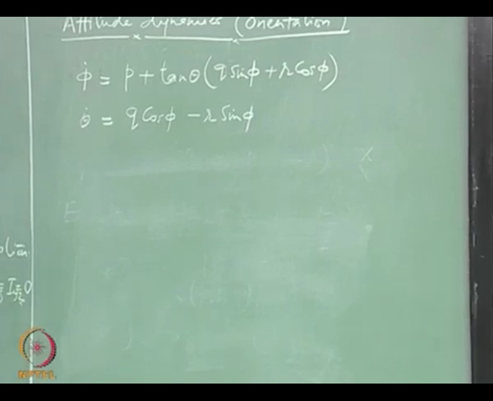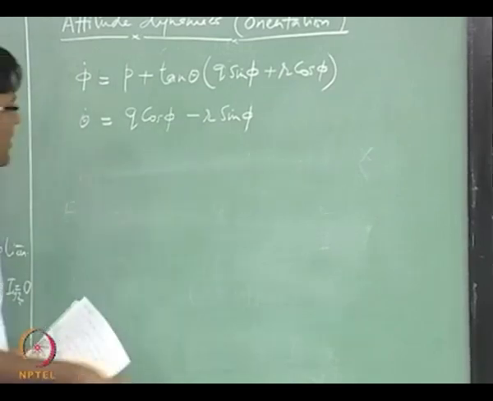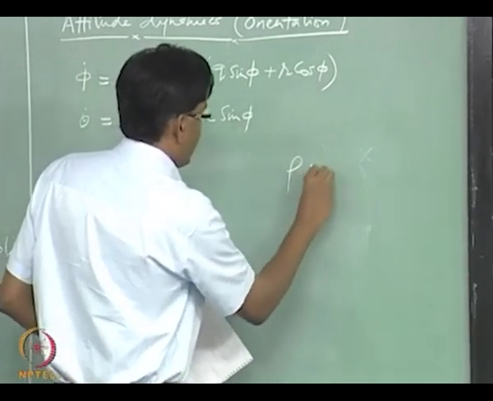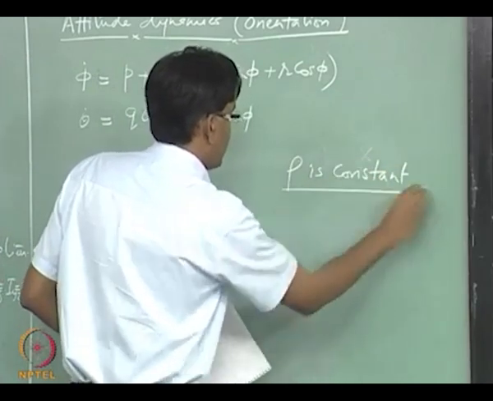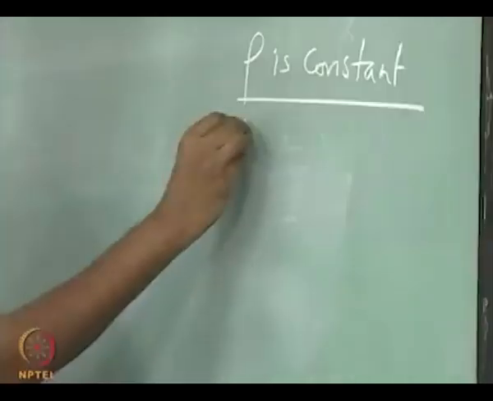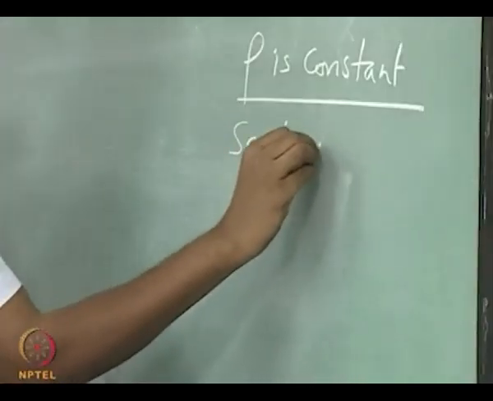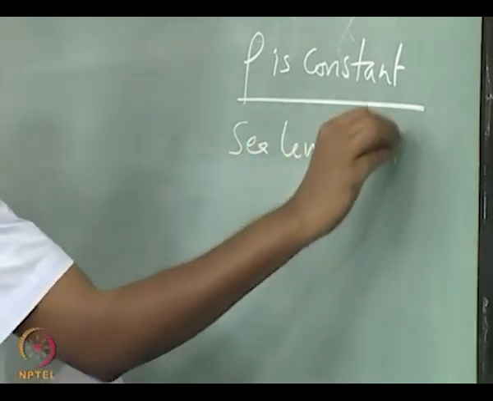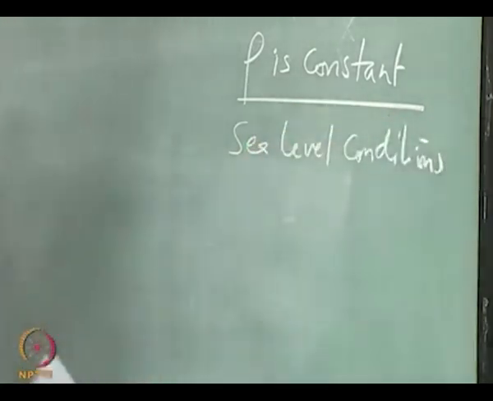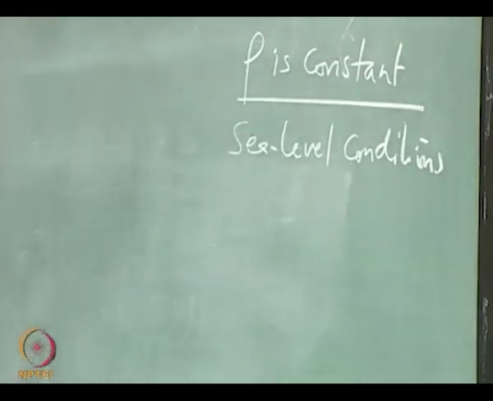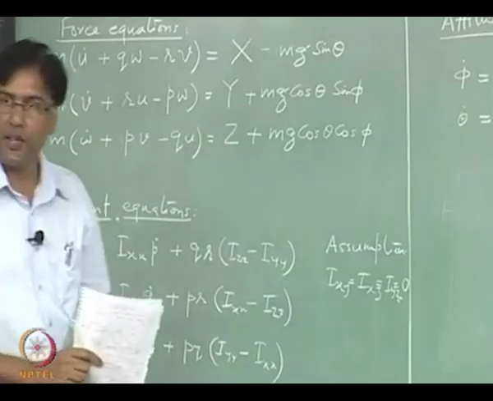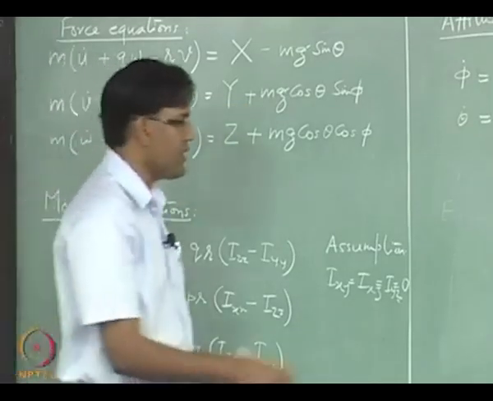So we are assuming that the density is constant. So we are going to look at the dynamics only at sea level conditions. Okay, so now 2 plus 3 and those 3 force equations. So we have now 8 equations, right.